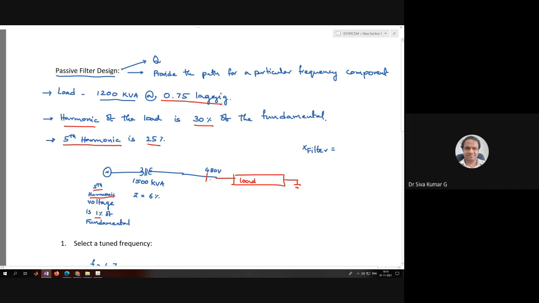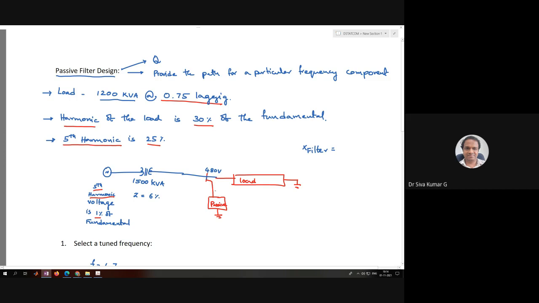In designing the filter, as I told in the last classes, we are providing the path for the fifth harmonic by connecting a passive filter. We are going to eliminate the fifth harmonic current.